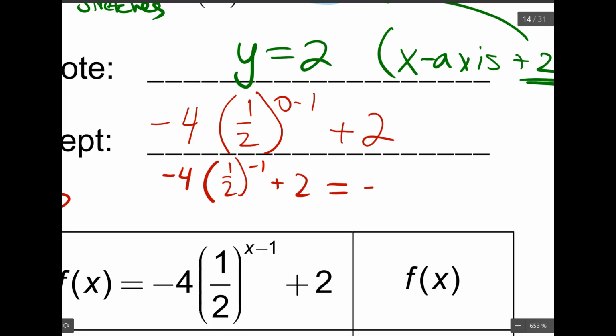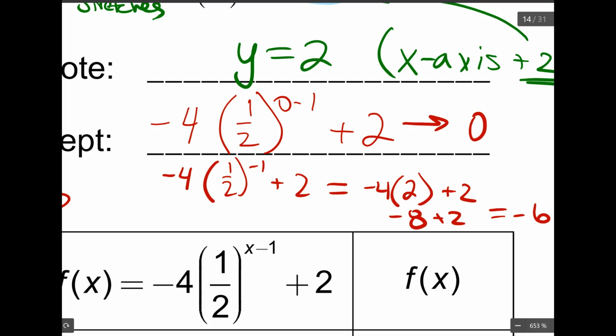So it's the same thing as negative 4 times 2, plus 2. Negative 4 times 2 is negative 8. Negative 8 plus 2 is negative 6. Okay, so my intercept's at 0, comma, negative 6.